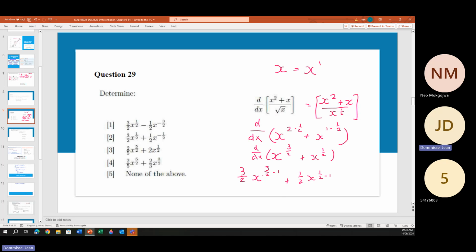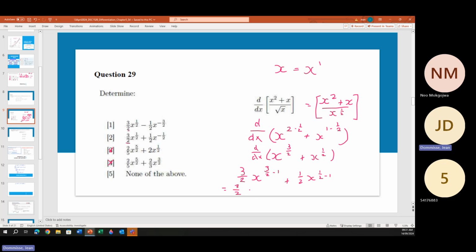So let's just see. Okay, we will need to simplify it a bit. But that is 3/2. So already I can check 3/2, 3/2, not 2/5, not 2/5. So there already I have only two options.